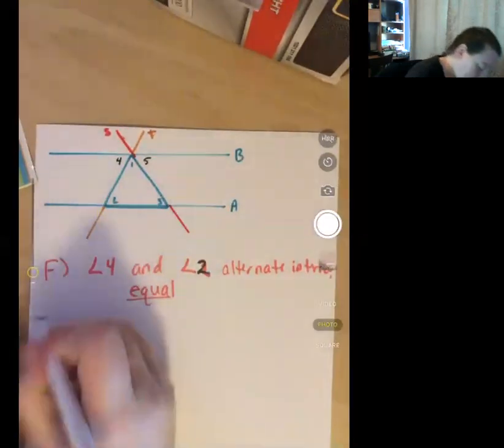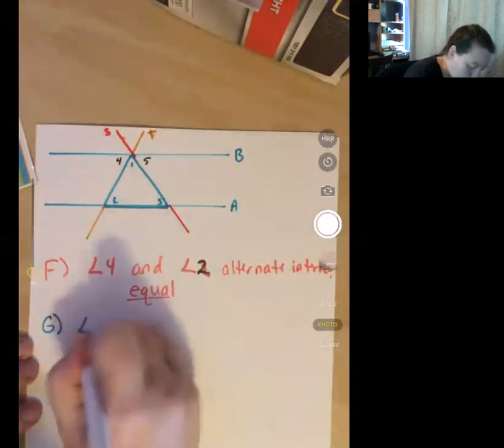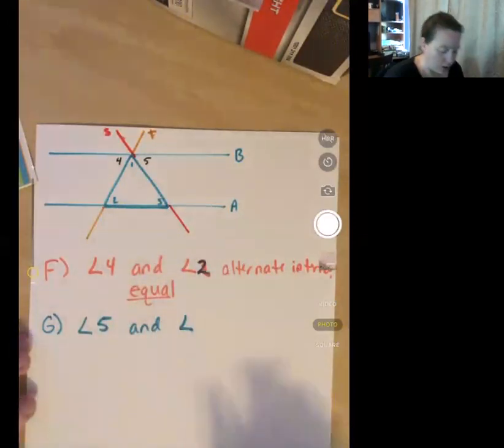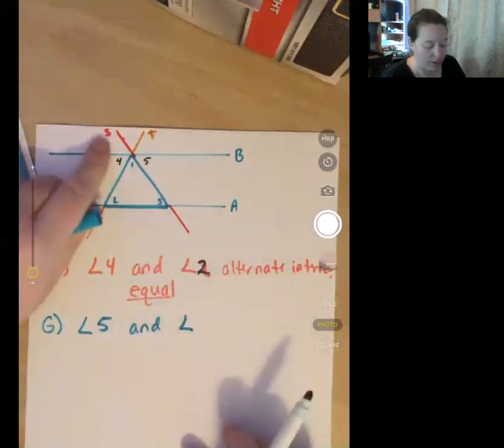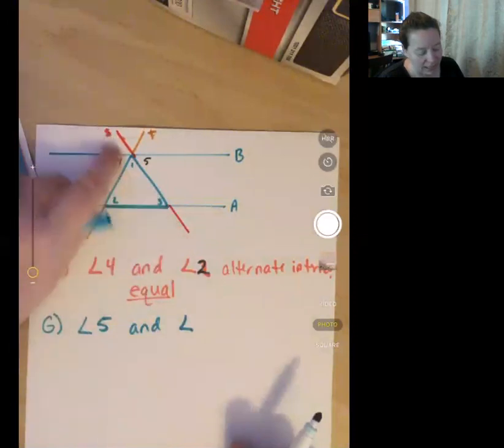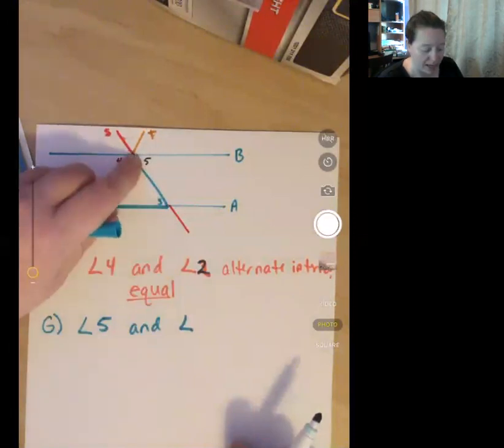G. Because angle 5 and angle, all right, so let's look at where we're going. We are on line S. On line S, I have 5 here, and I have 3 here. So it's 5 and 3.